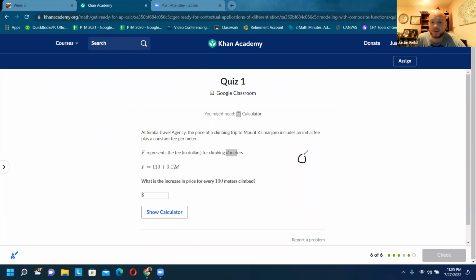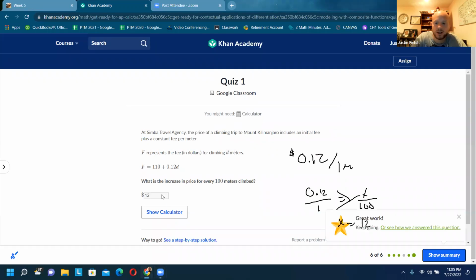What is the slope? 0.12. What does that represent? That represents 12 cents per 1 meter. So we can just take that and set it equal to 100 meters, and then we just cross multiply. So X equals 12, right? So for every 100 meters, it'd be a $12 increase.